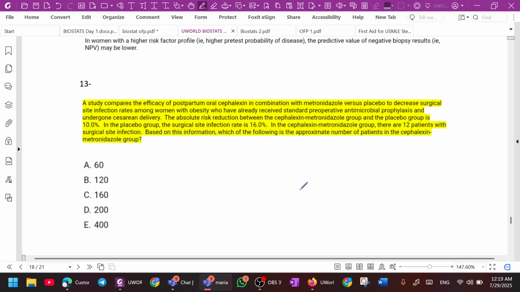The absolute risk reduction between the cephalexin metronidazole group and the placebo group is 10%. In the placebo group, the surgical site infection rate is 16%. In the cephalexin metronidazole group, there are 12 patients with surgical site infection. Based on this information, which of the following is the approximate number of patients in the cephalexin metronidazole group?